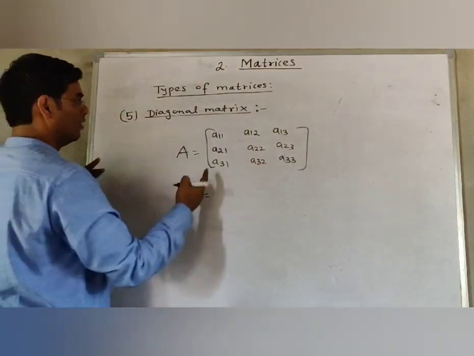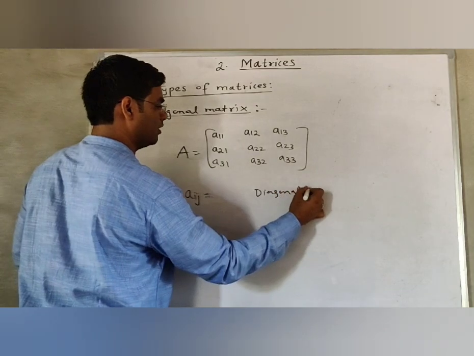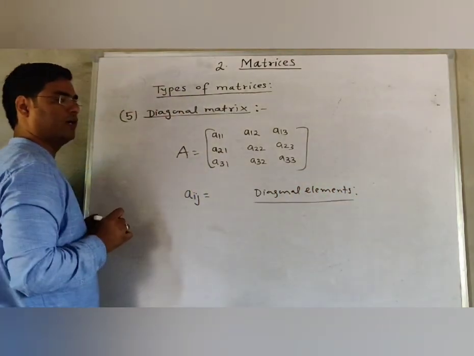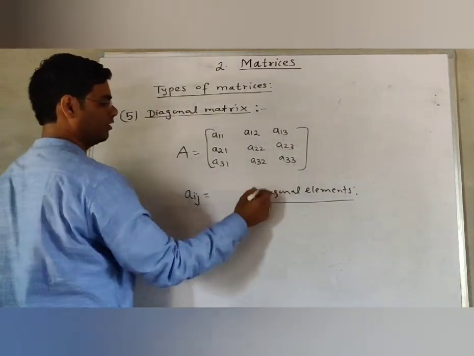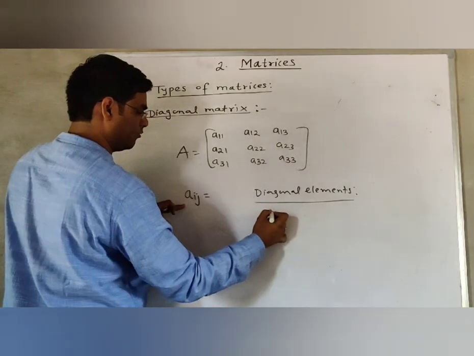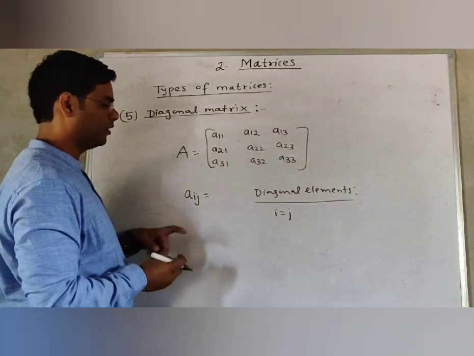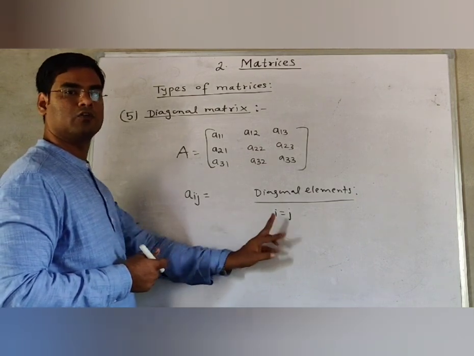Now, what are diagonal elements? Diagonal and non-diagonal elements are present only in the case of a square matrix. Diagonal elements means what? An element in which i equals j. i equals j means the element of first row, first column, second row, second column, third row, third column.